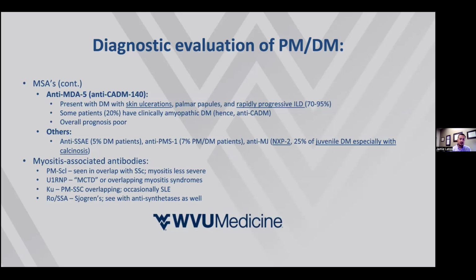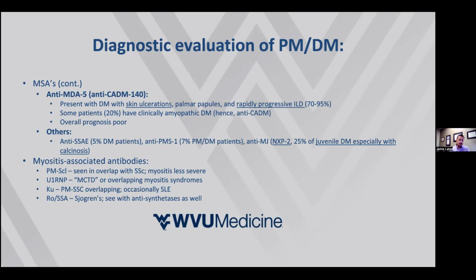The MDA5 antibody, I referenced that one earlier. Again, that one can be seen in the amyopathic patients with dermatomyositis. These patients can also have aggressive skin ulcerations. The classic patient that fortunately we don't encounter very often, but that you read about, is a patient who's MDA5 antibody positive, who has myositis, necrotic skin ulcerations or digital ulcerations, and a rapidly progressive interstitial lung disease, and that patient is intubated in the ICU.